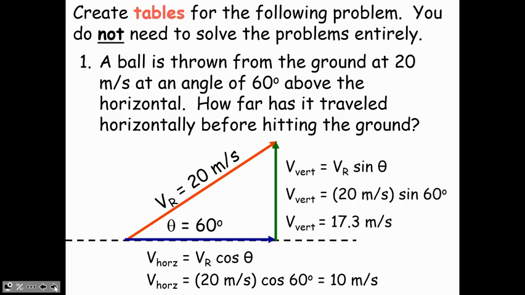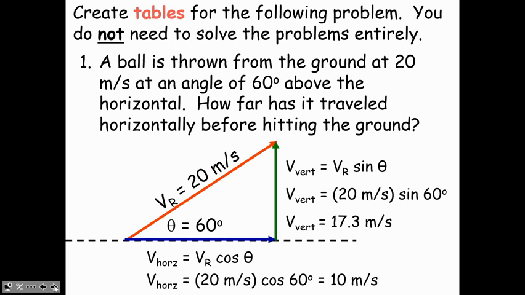I also have to solve for the vertical component of this resultant velocity by taking the resultant multiplied by sine theta. And here I get 17.3 meters per second as the initial vertical velocity.